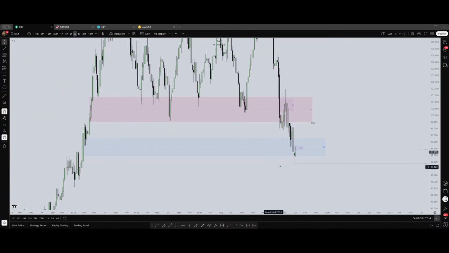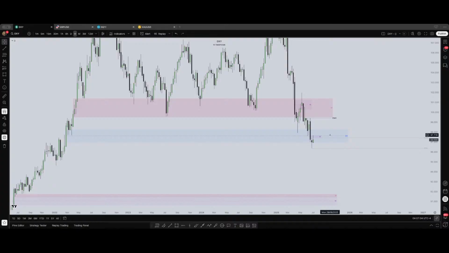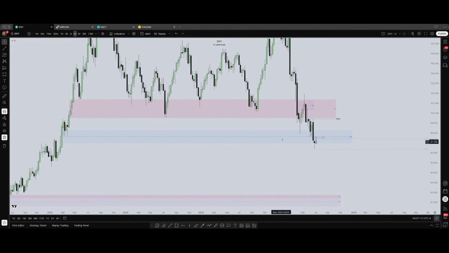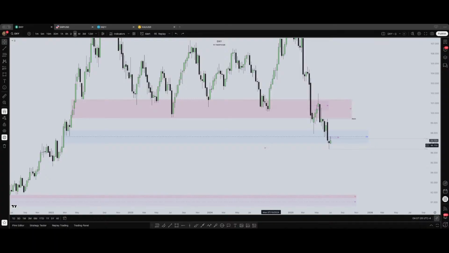So I'm still bearish on the dollar, and that means bullish on GBP/USD or EUR/USD, on Forex. So far this is my analysis. We still need to wait for that.